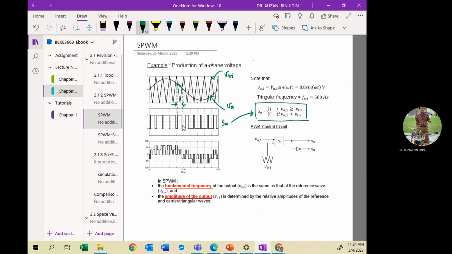Otherwise, in this interval here, your VA is less than the triangular. So your status will be logic 0, SA will be 0.